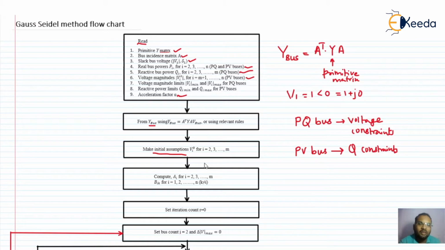So we start with that ideal condition, which we call a flat start. When we assume the voltage at each bus to be 1 per unit, that starting is nothing but a flat voltage start.